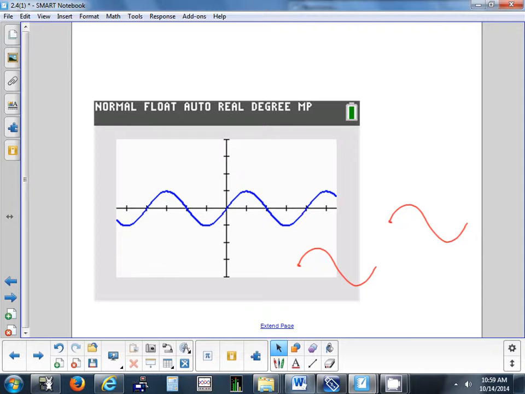We can transform it. Okay, a couple different ways I already mentioned. We could take and shift it to the left or the right, okay, a little bit. We could take and shift it up or down. That's another transformation. We could stretch it, okay, up and down. Might look something like that.